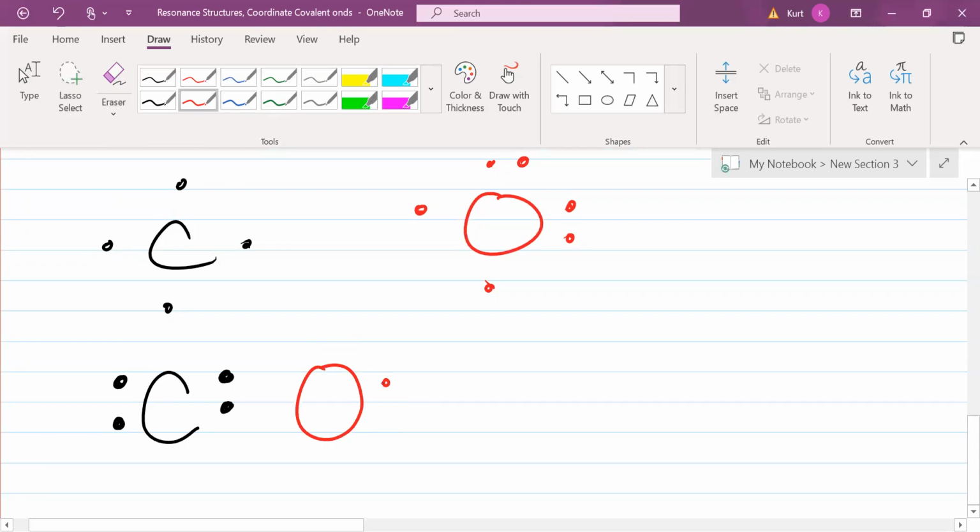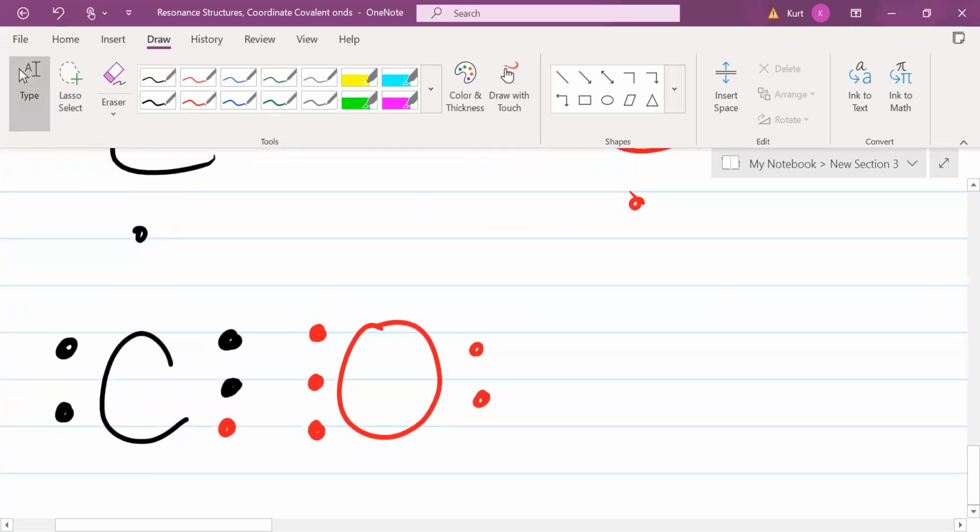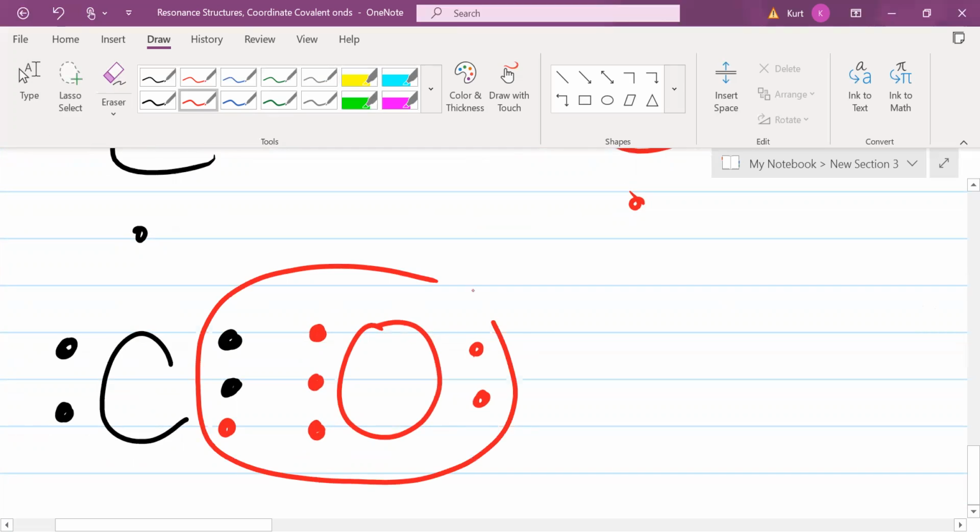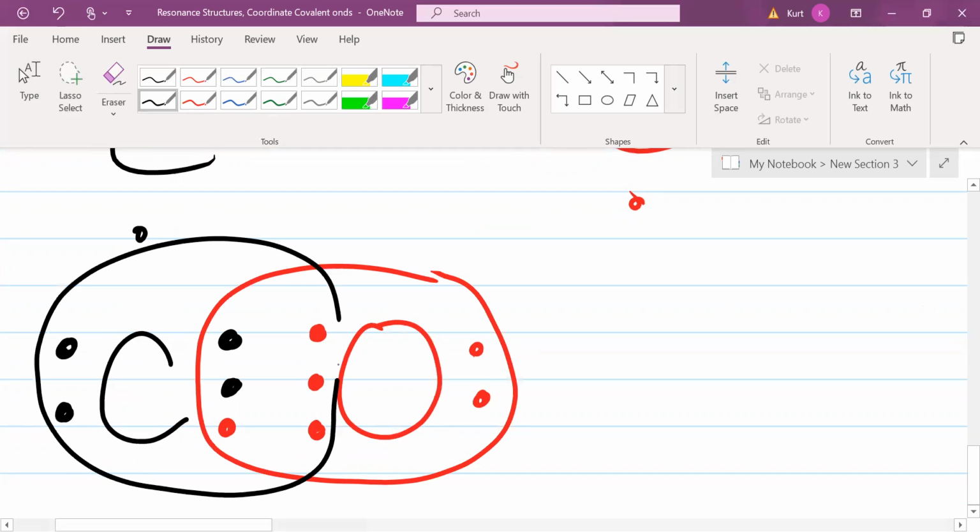Here's what he did: 1, 2, 3, 4, 5, 6. Which one is the coordinate covalent bond? The top one, the middle one, or the bottom one? The bottom one. The definition of a coordinate covalent bond is where one of the atoms provides both electrons for the bond.